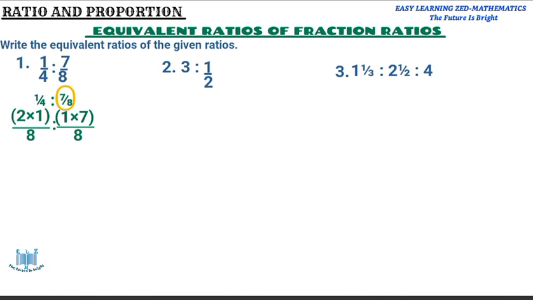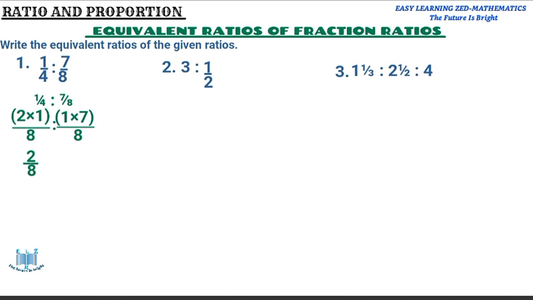Once we have done that, the next thing we're going to do is multiply 1 by 2, which will give us 2, then over 8. The 8 is just the denominator we found.